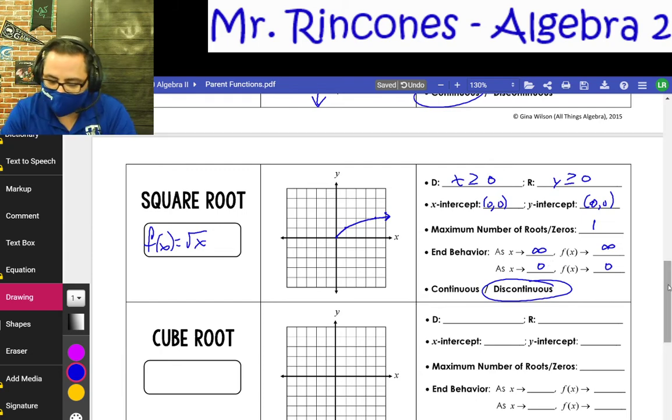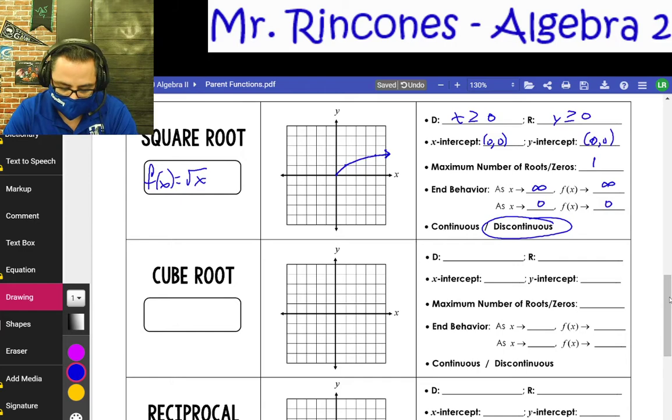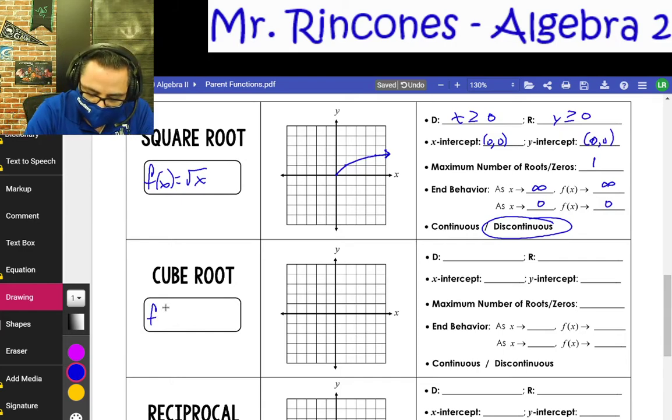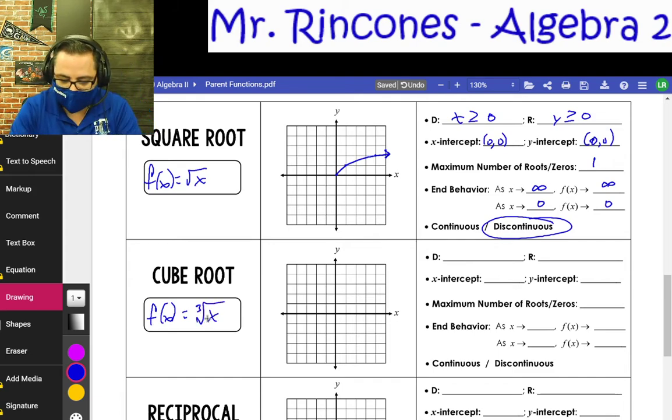Let's take a look at the cube root. So the cube root is f of x is equal to the cube root of x. What does that one look like? So at 0, it is 0. At 1 is 1. At -1, it is -1.